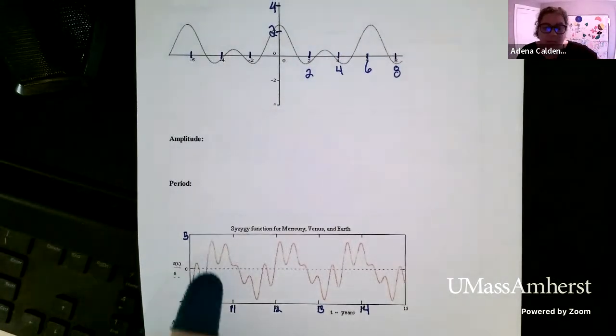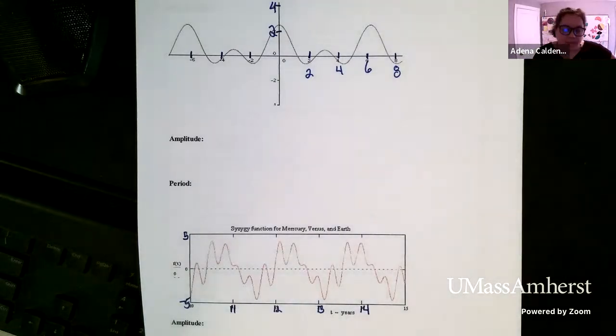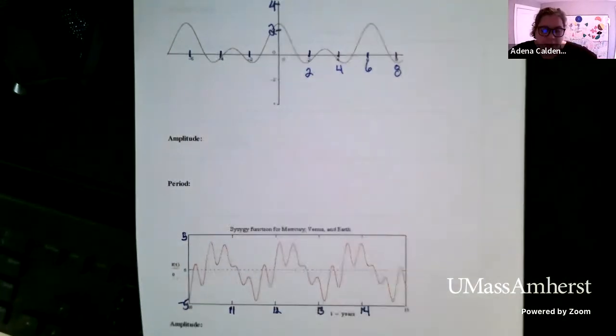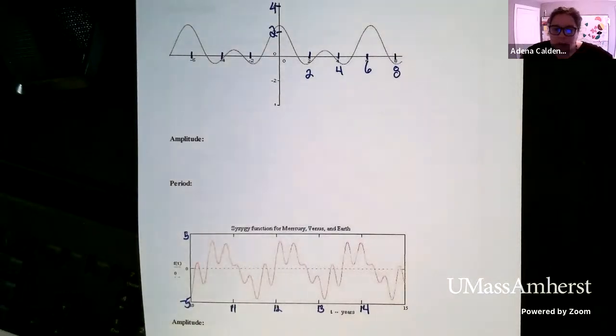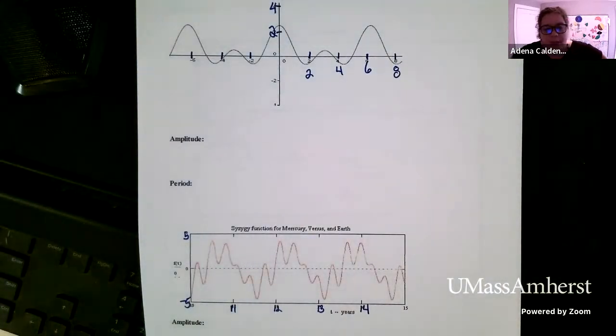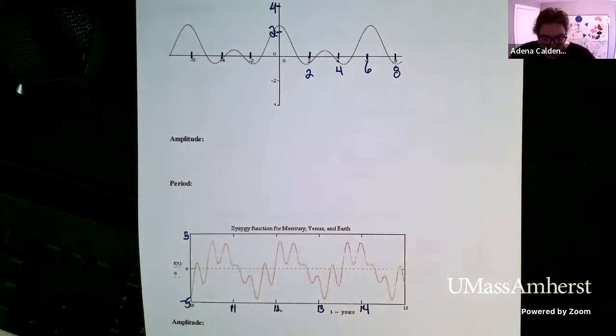And then for this one here, like I said, this one's a little bit noisy, so you're going to have to do some approximating. It may not be perfect, but give it your best shot, and try to find the amplitude and the period for both of these functions.